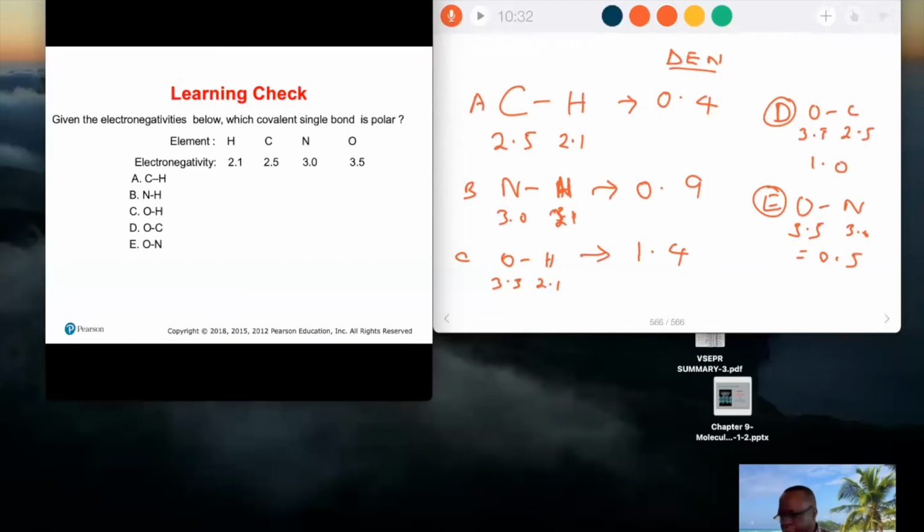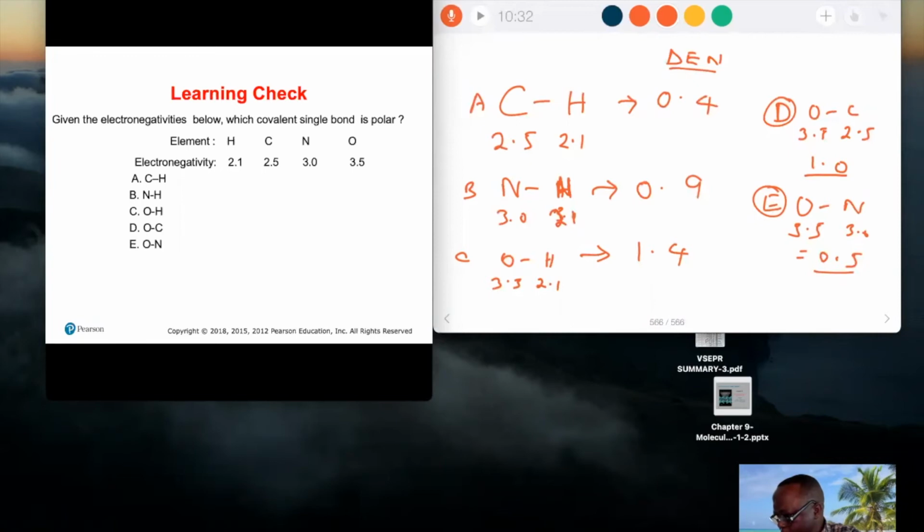So I'll look at the differences to see which one is polar or most polar: 0.4, 0.9, 1.0, 0.5.